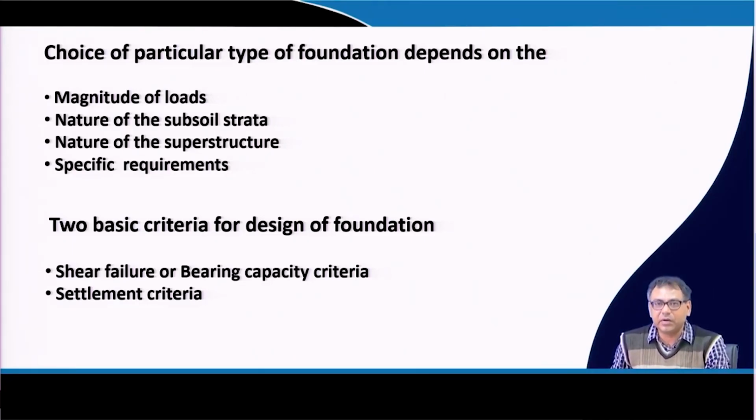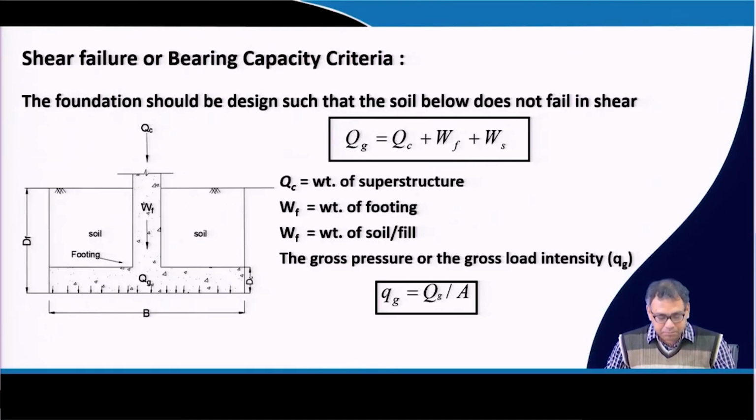That means the settlement of the foundation should not be excessive, and the load that is coming on the foundation and finally on the soil should not be more than the stress that soil can take.